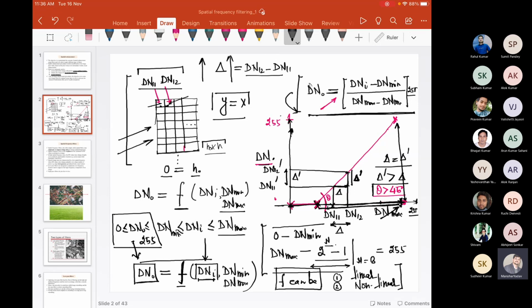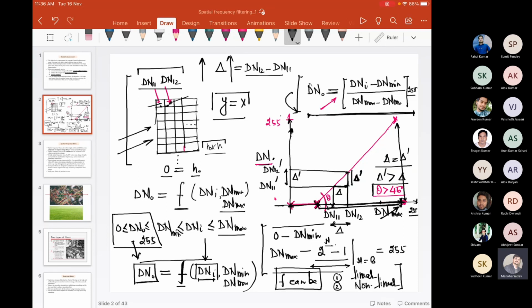Just see after applying this transfer function. I hope you have understood the concept, how by modifying the digital numbers, we can increase the differences in the different sets of gray color in terms of their intensity.